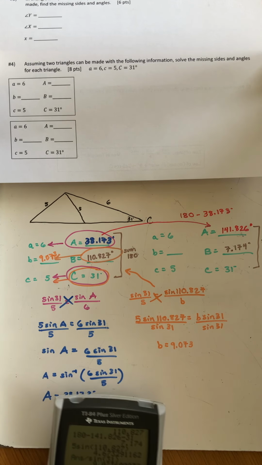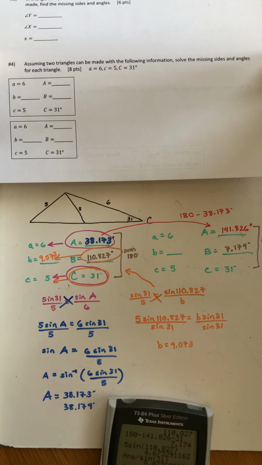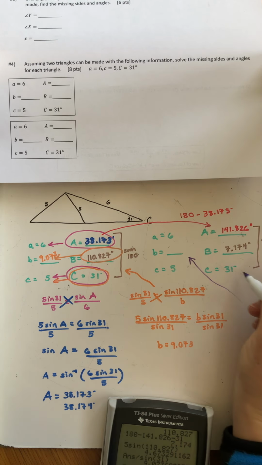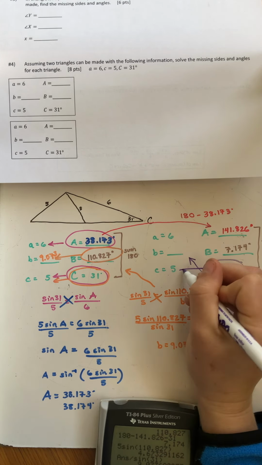And then we have to do it all again to find it for this triangle right there, the second one. So I'm going to take the sine of 31 over 5.